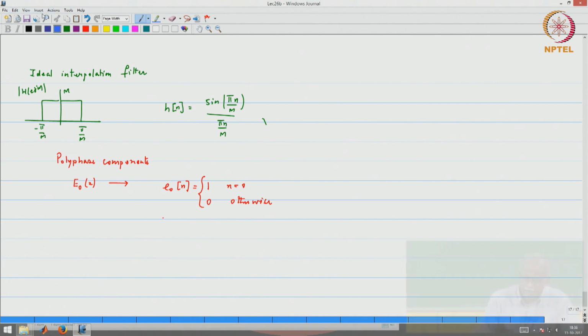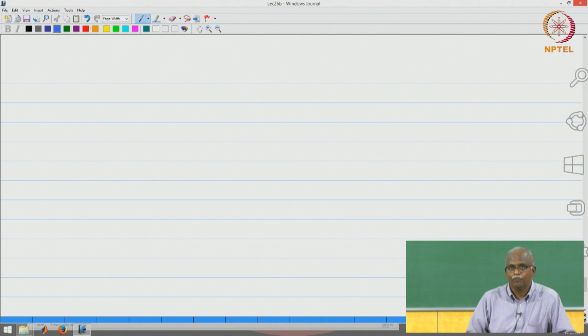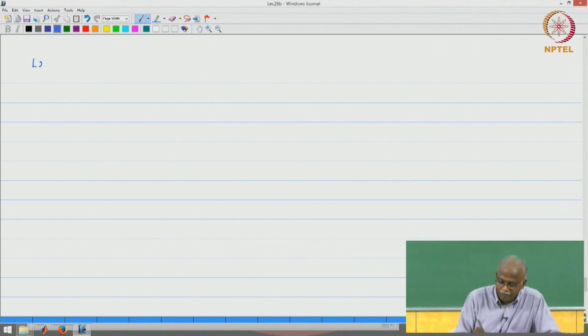So let me start with a quick point about lecture 25. This is what I would like you to carry away from lecture 25. In lecture 25 we saw a lattice, with which we can do transfer function computation, which I think is an important element.